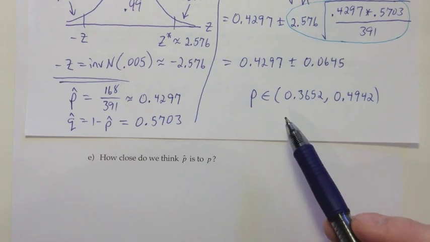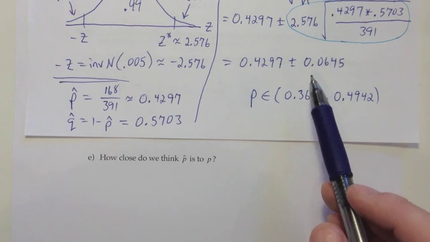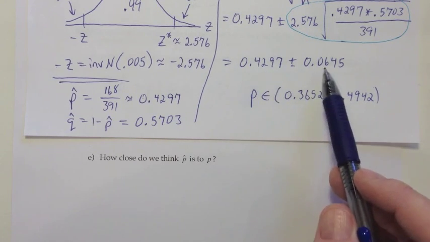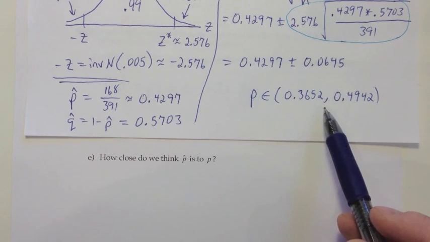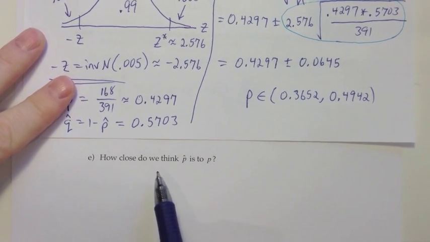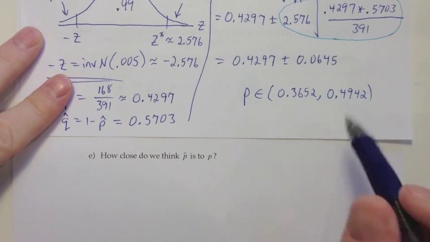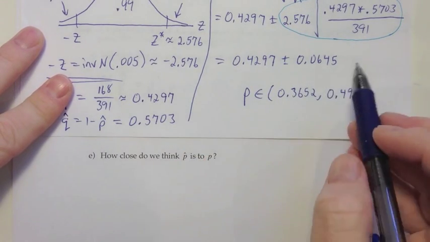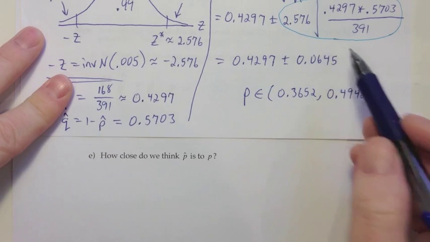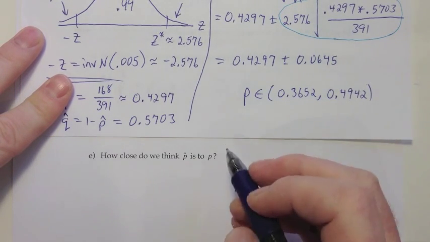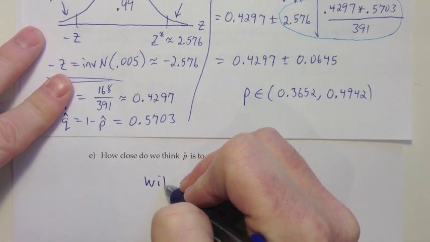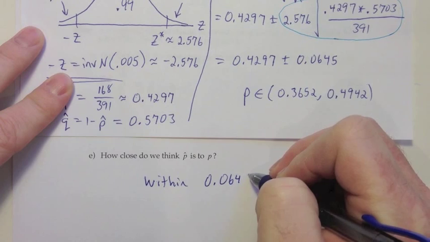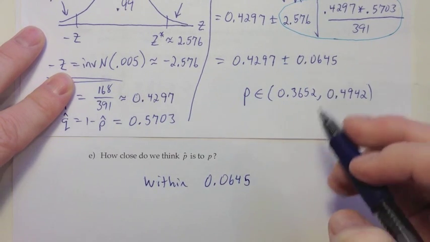So in order for that to make sense, I must have felt that the truth was within this distance of my estimate, because I didn't think the estimate was right, but when I went this far in each direction, then I was very confident I had it. So when we get to ask this question, how close do we think p hat is to p, we would give that plus or minus portion of our calculation, which is one of the reasons why it was good that we showed that in our work. So how close do we think p hat is to p? I would say that I think it's within 0.0645, and then I should put units on that.